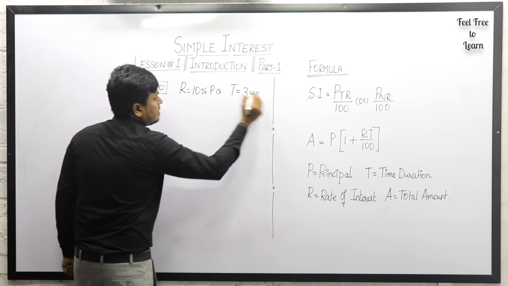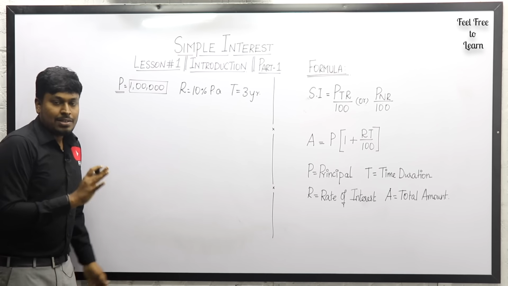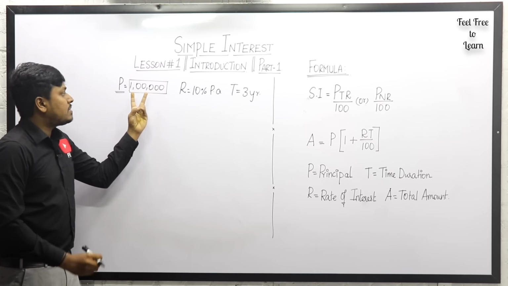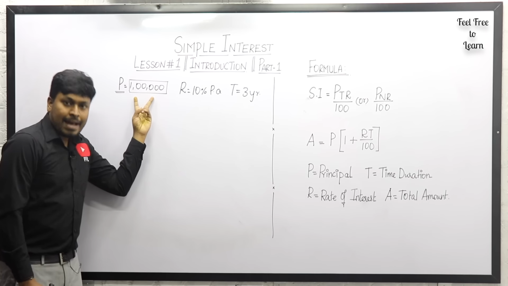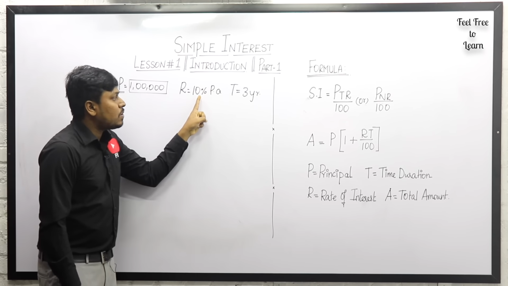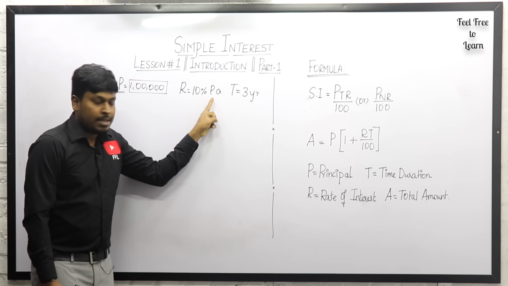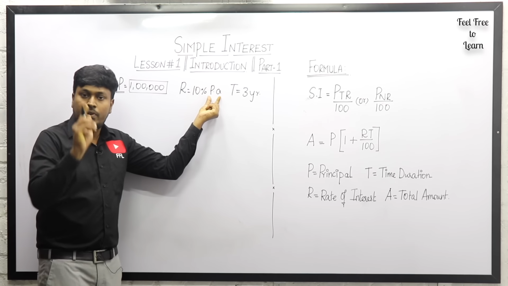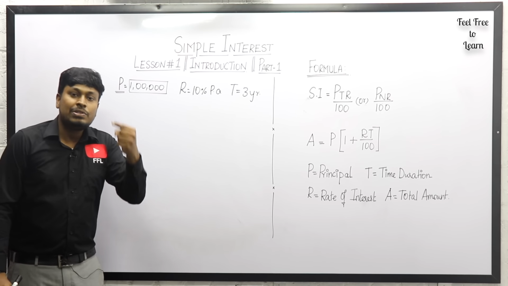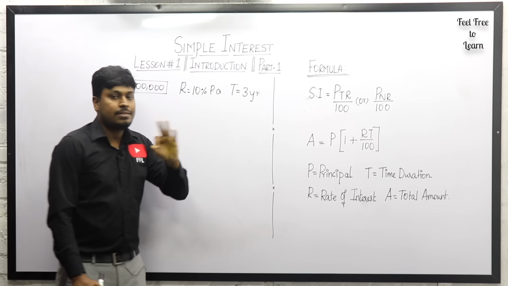Example, let me take like this. So understood this logic? Initially you are taking a loan from the bank of 1 lakh rupees. And the bank is saying for taking this loan, you have to pay an interest of 10% per annum. PA determines per annum. So for 1 year, you should pay 10% interest. How many years you have to pay? The time duration is 3 years.